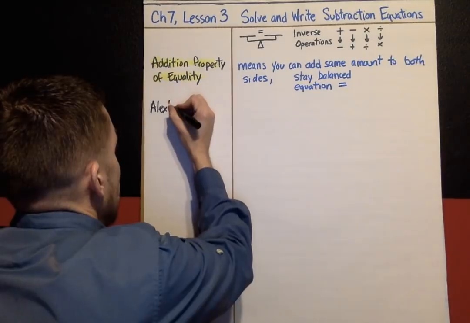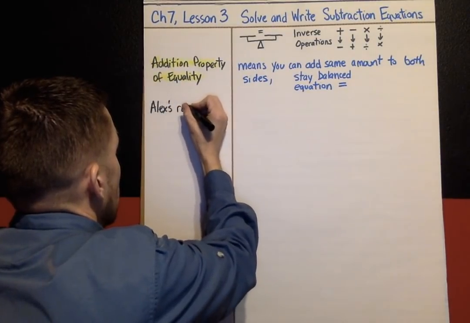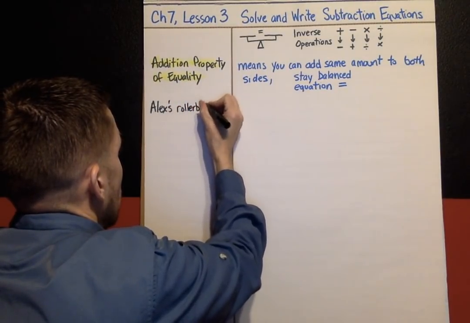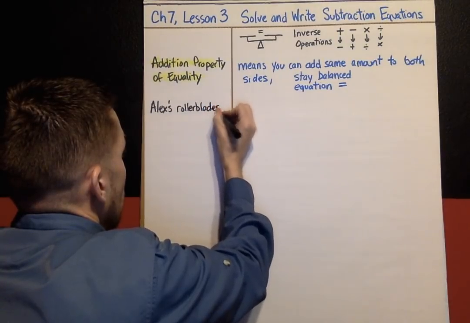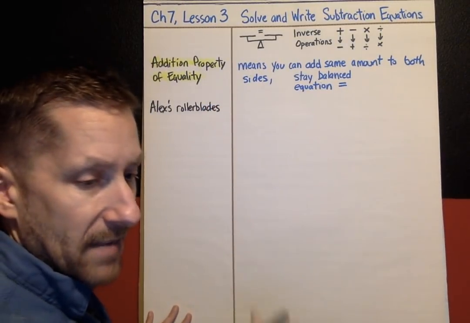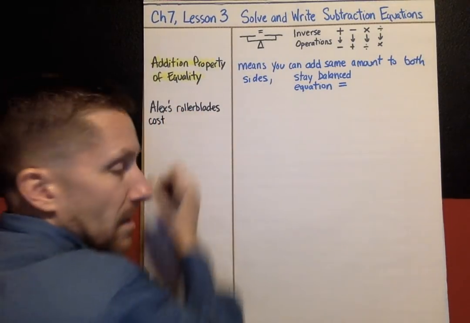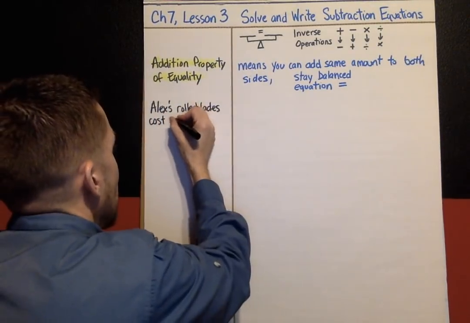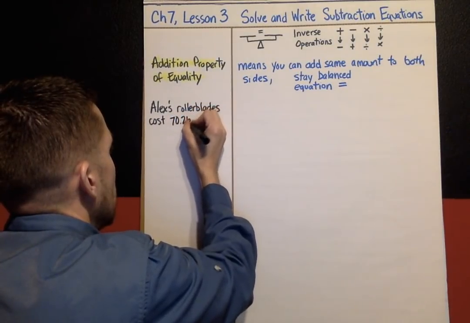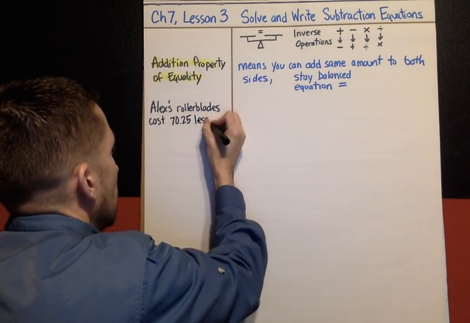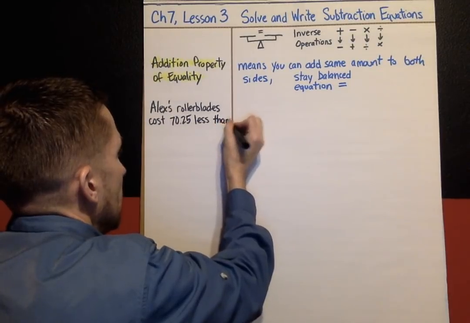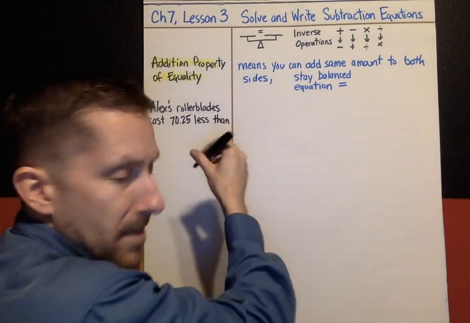Alex's rollerblades cost $70.25 less than his bike.